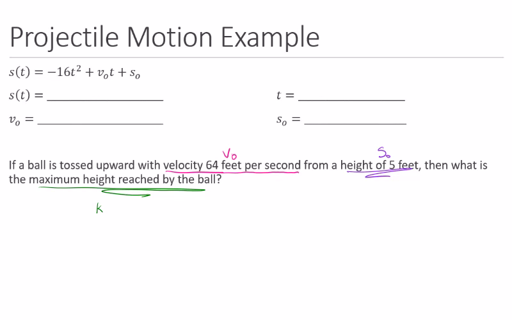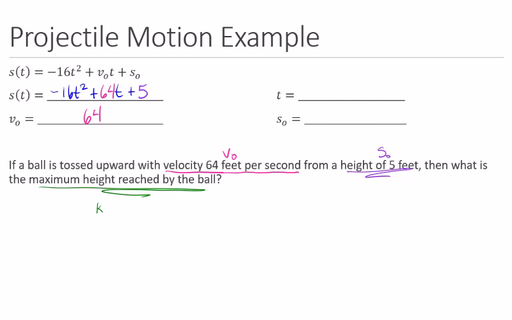All right, so let's plug in stuff where it goes. I'm just going to start out by writing s of t equals negative 16 t squared plus, and then for v naught, 64 feet per second, so I'm going to put 64 there, t, plus s naught, which is 5.